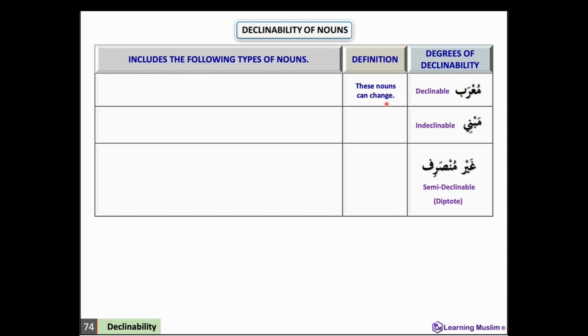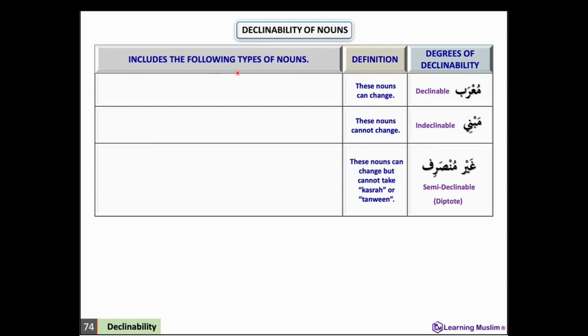So whichever states these nouns are in, they will have some way of expressing those states. Then mabni, indeclinable, these nouns cannot change. So even though their states would change, they would not express their states to us. Then غير منصرف, semi-declinable, these nouns can change partially, but they cannot take kasra or tanween.